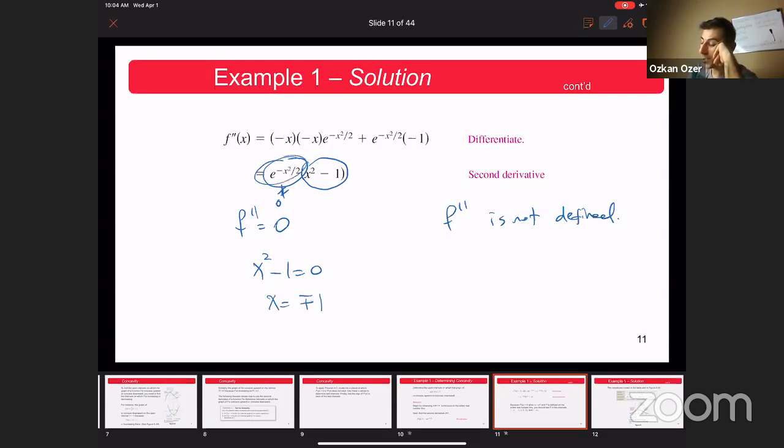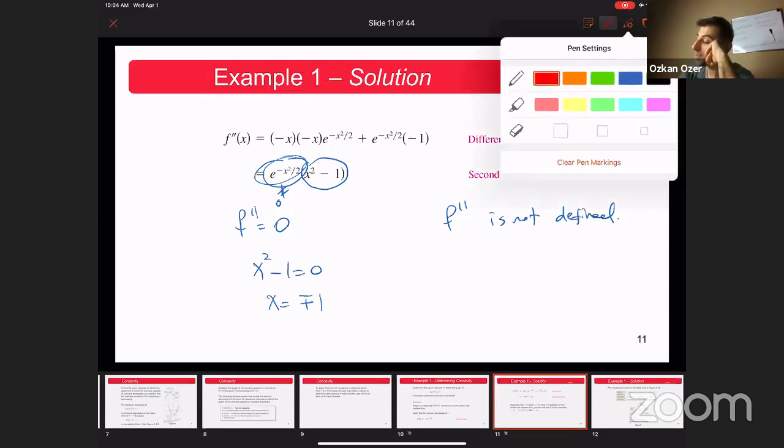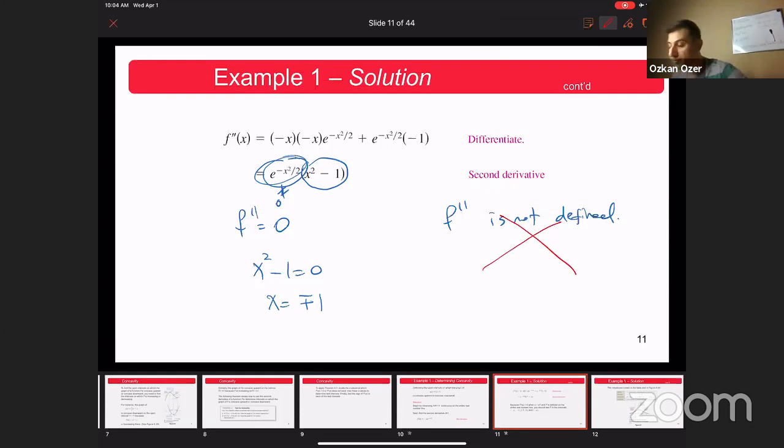And this exponential is defined for all x, and x squared minus 1 is defined for all x. So we don't have the type of critical point where f double prime is not defined. These are not critical points, but take it as a critical point for now. So I have two values popping out of this.